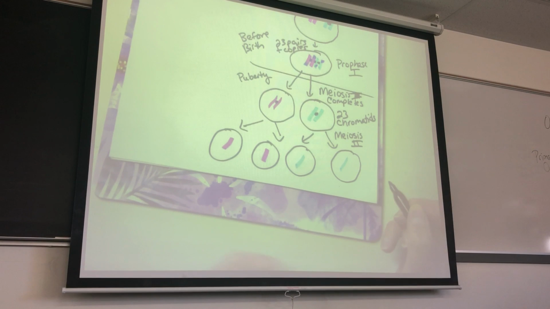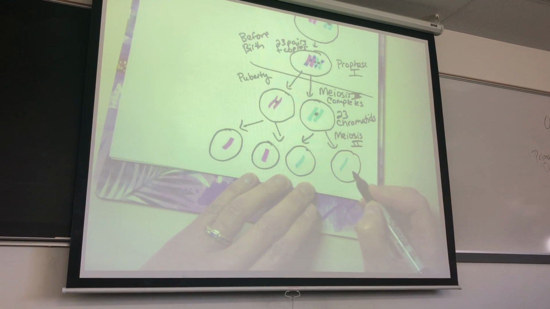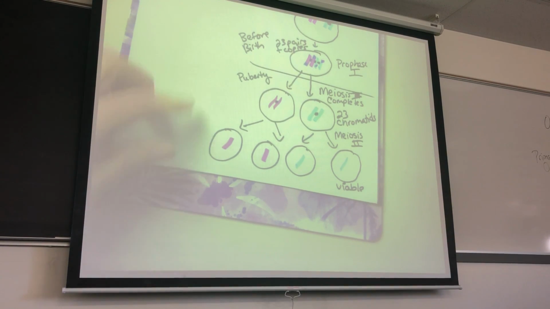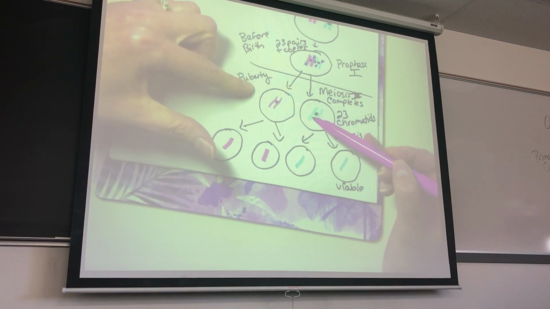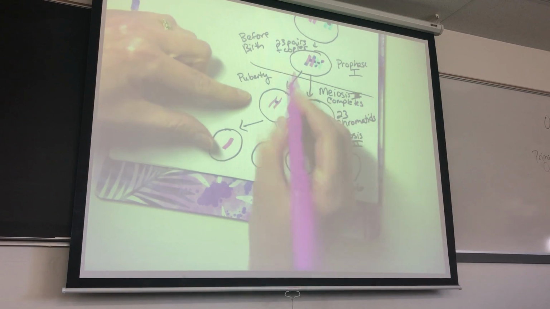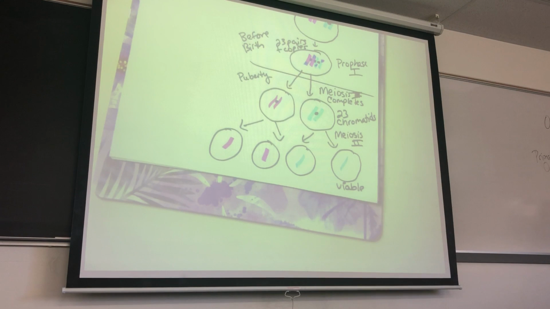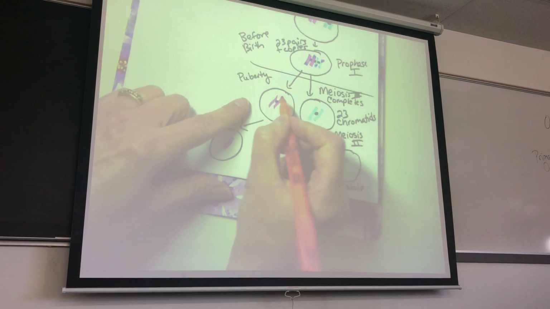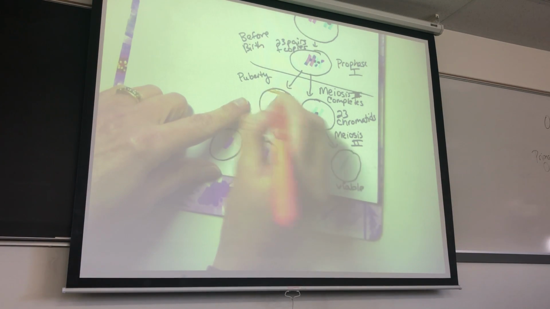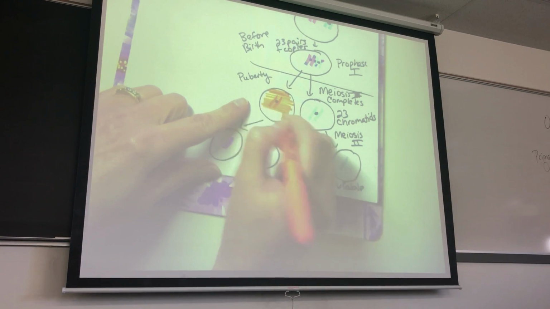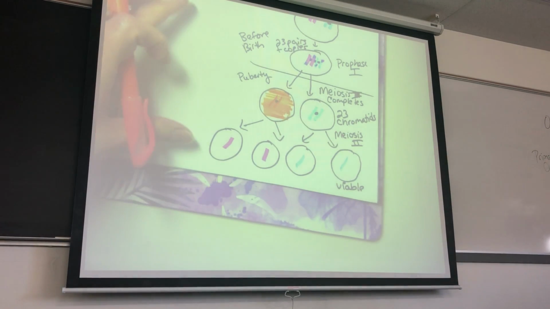Now, first of all, only one of these cells is going to have cytoplasm. Only one of these cells is going to be viable, right? The reason for that is, at the end of meiosis 1, one of these cells will have no cytoplasm, so it is called a first polar body.